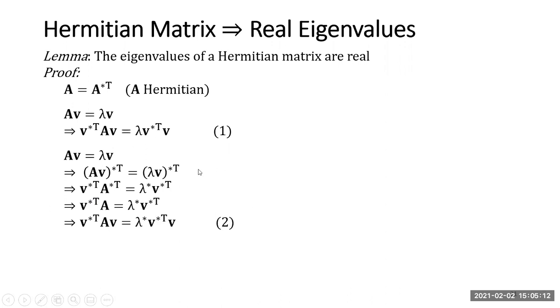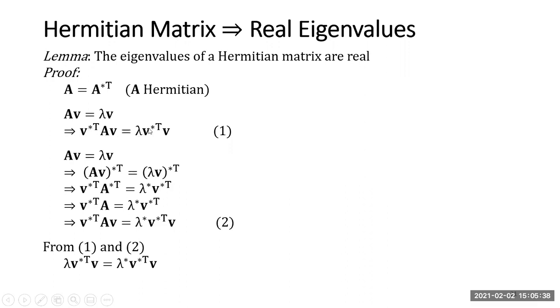Now compare equation 1 and equation 2. What do you see? The left-hand sides are both equal, right? Both are equal to the same V star transpose AV, which means that right sides must be equal.